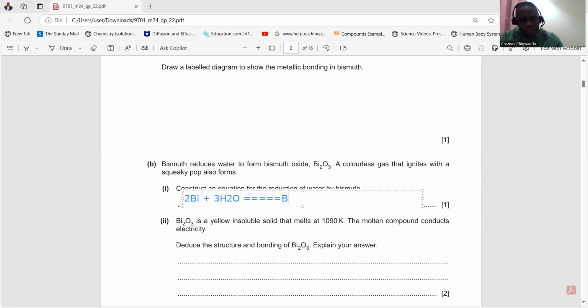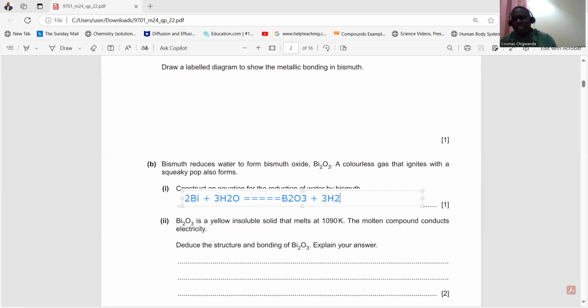Our product is going to be Bi2O3, the oxide that is produced when bismuth reduces water. We've also been told that there is a colorless gas that ignites with a squeaky pop. That squeaky pop suggests that hydrogen is produced in the process, so we are also going to write hydrogen like that. So this is the acceptable balanced equation.